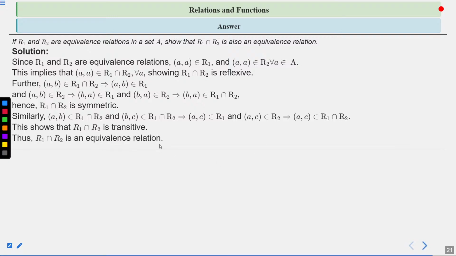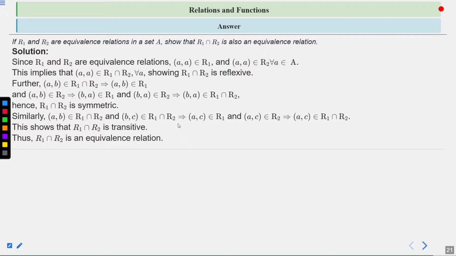Got it? Clear? If you take any (a, b) belonging to R1 intersection R2 and (b, c) belonging to R1 intersection R2, then (a, c) will always belong to R1 and to R2. This implies (a, c) belongs to R1 intersection R2. This shows that R1 intersection R2 is transitive.